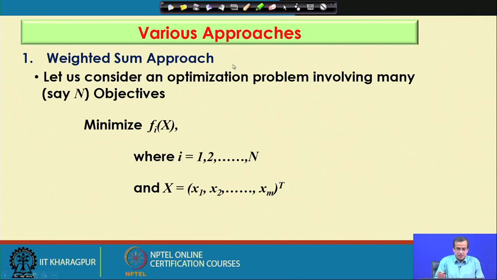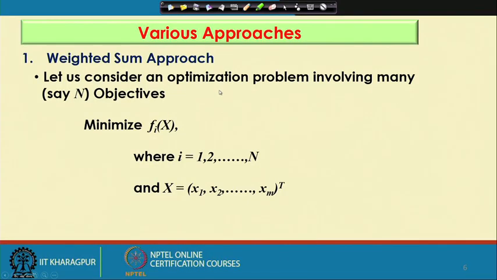This weighted sum approach, as I told, tries to formulate this multi-objective optimization problem as a single objective optimization problem. Now, let us consider that an optimization problem has got capital N objectives. So, there are capital N number of objectives.